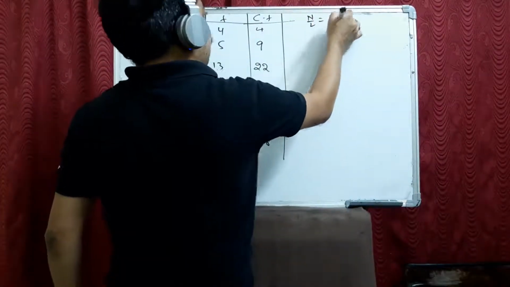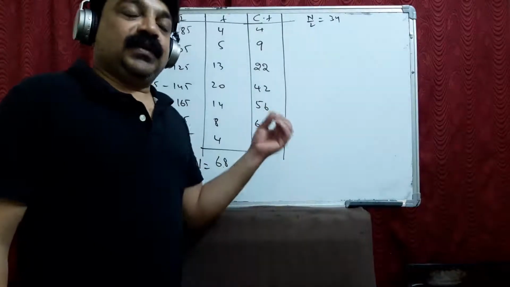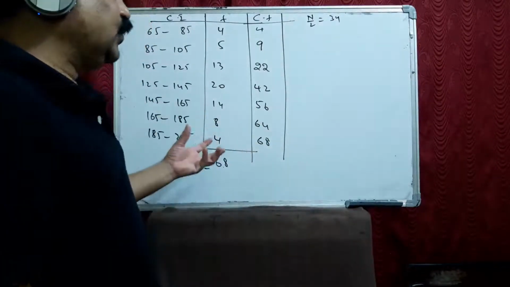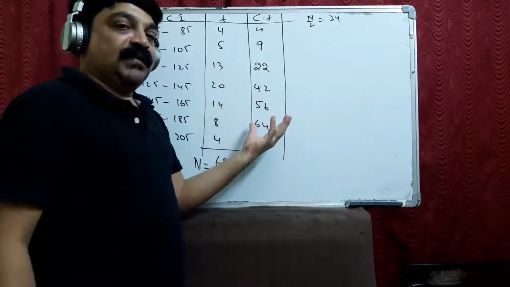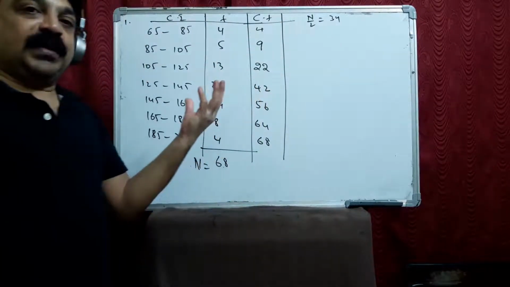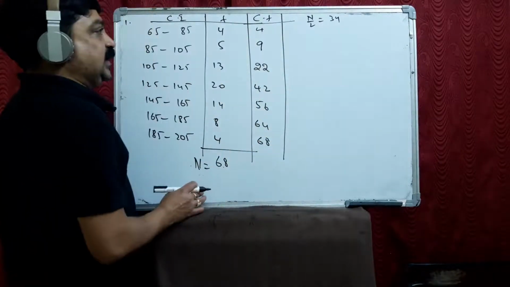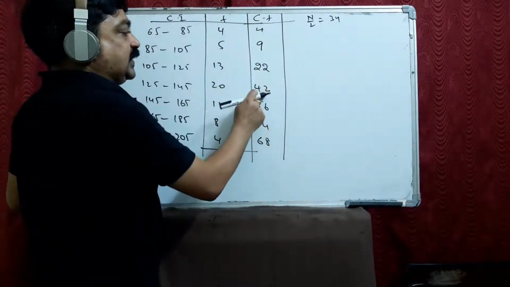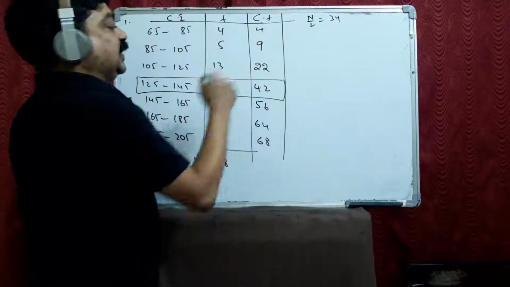N by 2 is 34. You have to trace a value in the cumulative frequency that exceeds n by 2, which is 34. This is exceeding 34, so this is the median class.